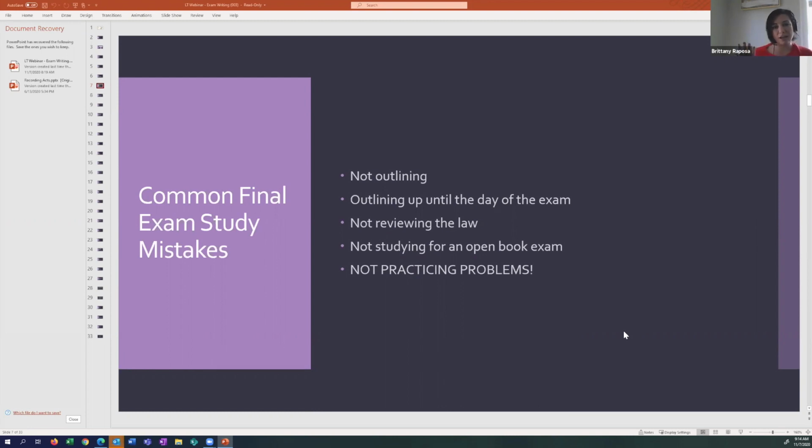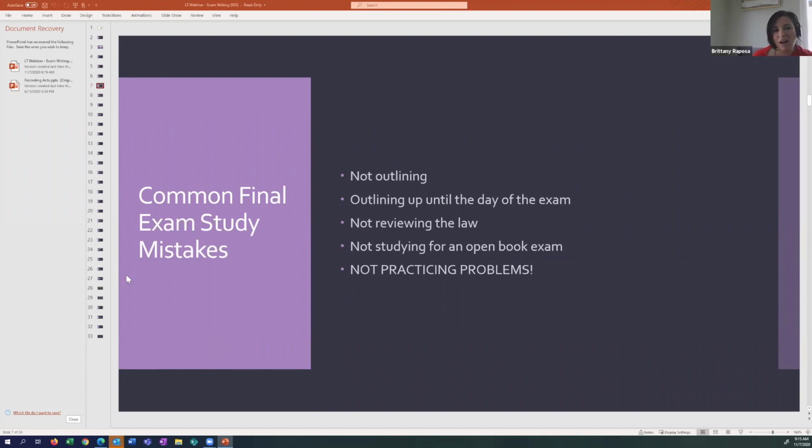The student never took the time to sit down with the entire subject and put it together and really pull out the rules that they need to answer an exam question. I alluded to this, outlining up until the day of the exam and not leaving themselves time to practice problems before the test, which can be very difficult.